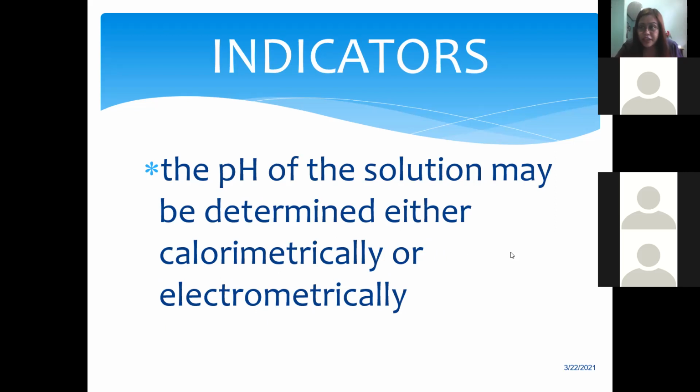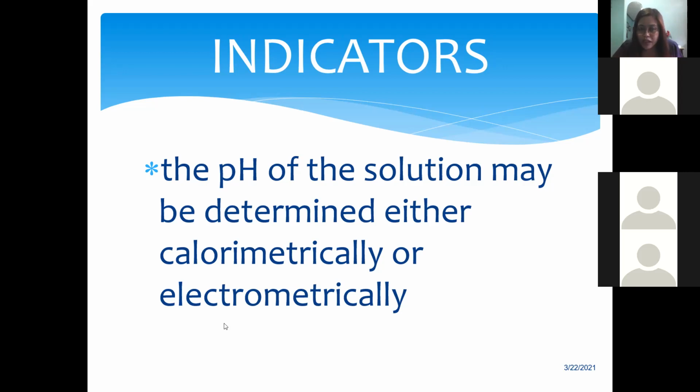Again, on the laboratory side, we have the so-called indicators. These are chemicals. And from the name, indicators will indicate whether our substance or solution is acidic, basic, or neutral. The pH of a solution can be determined either colorimetrically or electrometrically.